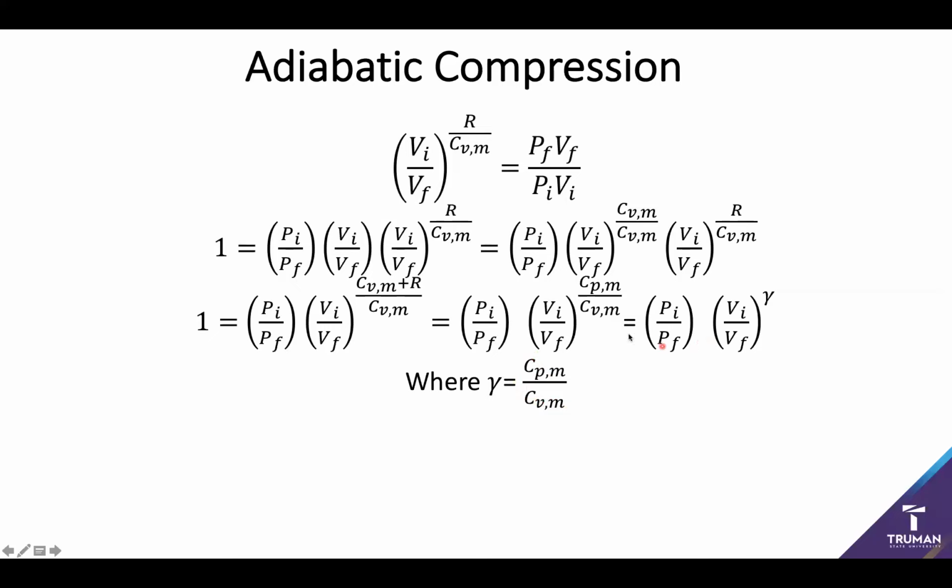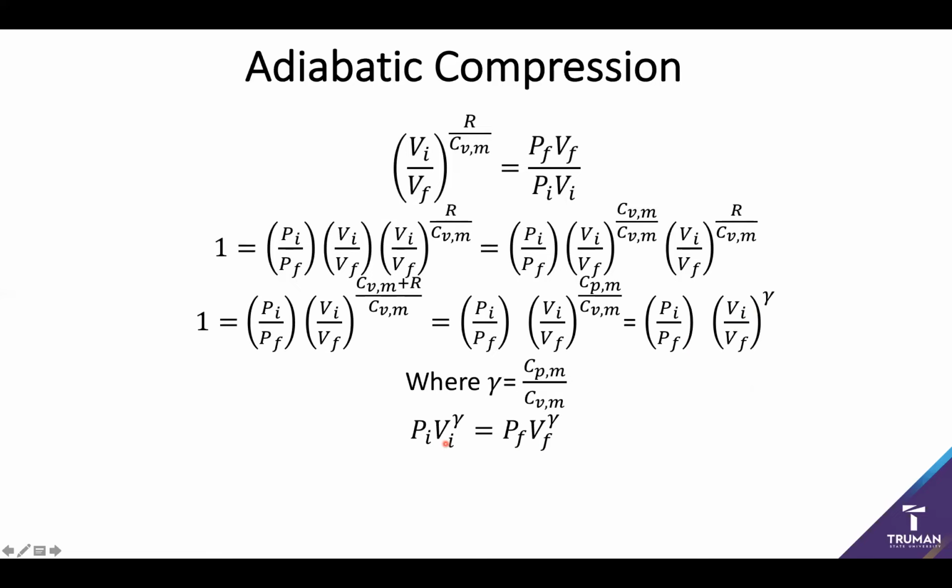Now, what we can do is, since we have all of our terms isolated over here, we can go ahead and separate it out in a couple different ways. One classic way is to go ahead and move all of our initial conditions to one side and all of our final conditions to another, where we're again seeing a little bit of a non-traditional relationship in between pressure and volume than we'd expect from the simple ideal gas.